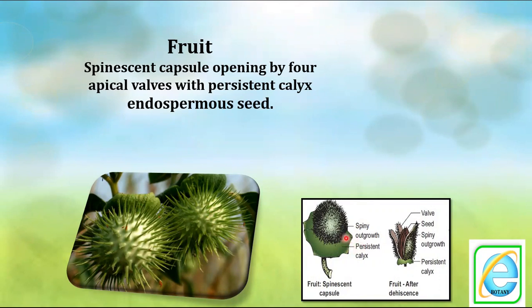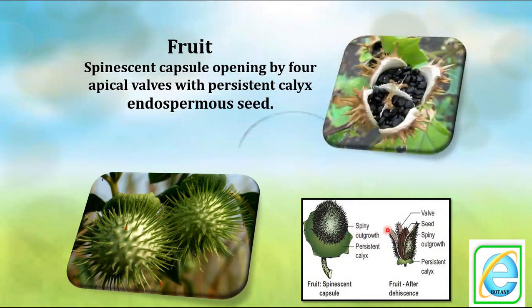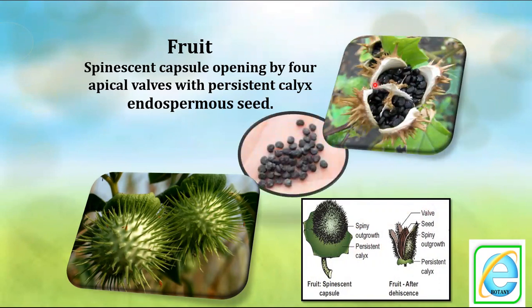This spinescent capsule opens by four apical walls. In the diagram we observe that four false septa are present. With the help of these false septa, the four walls are formed, and the persistent calyx is present.